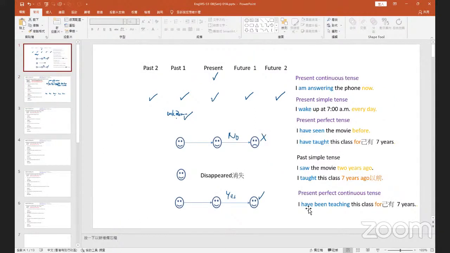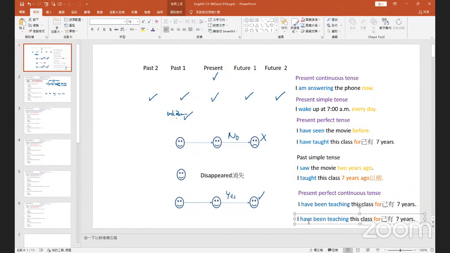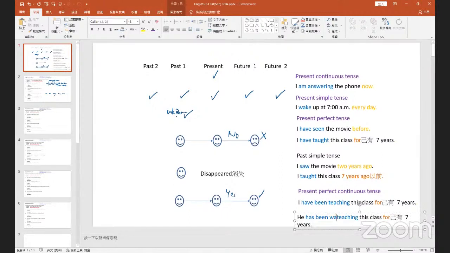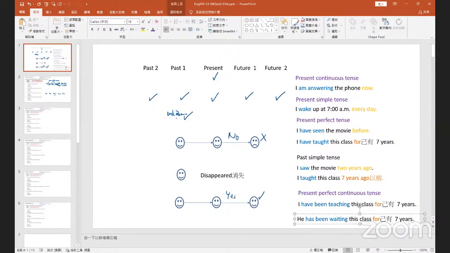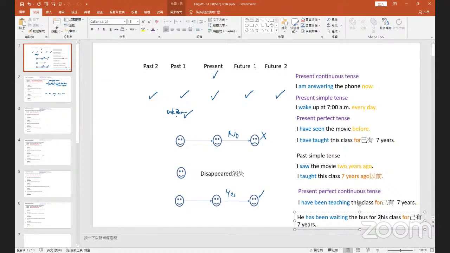Yes. So this is the format of present perfect continuous tense. Have been teaching, or he has been waiting for the bus for 2 hours.